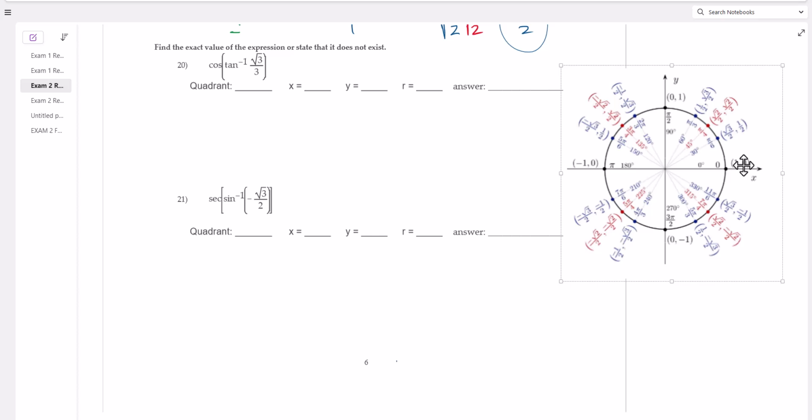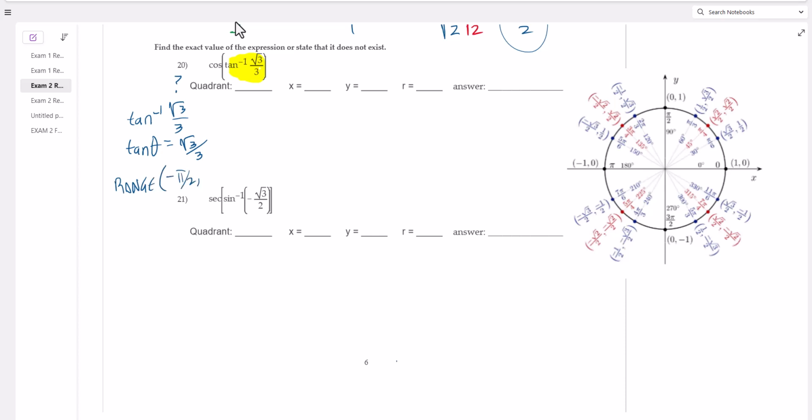So the first thing you want to do is determine what quadrant you're in. And determining the quadrant is all about what the inverse trig function is that you're doing. So you've got an inverse tangent of square root of 3 over 3. And the meaning of that is the tangent of some angle theta is equal to square root of 3 over 3. Now, since this is a positive number, you have to remember that the range of an inverse tangent is negative pi over 2 to pi over 2.